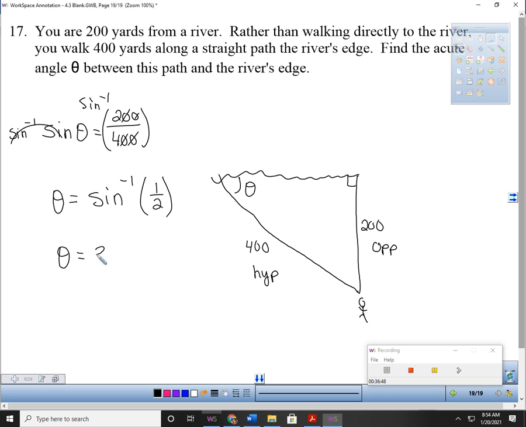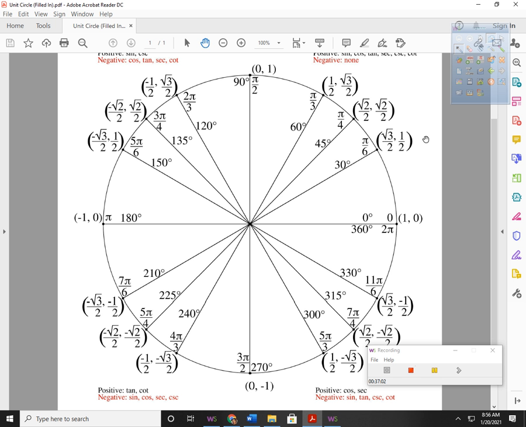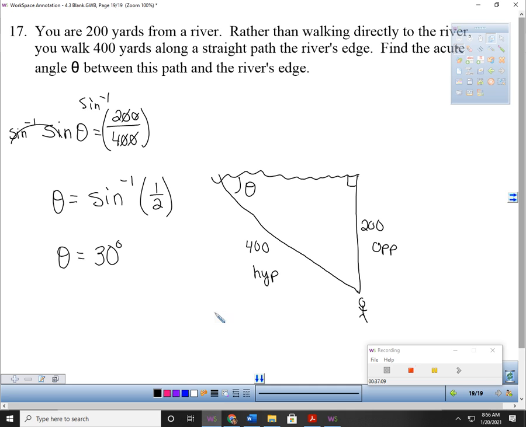And that gives you 30 degrees. And this is going to be helpful information for later. If you think about your unit circle, like I said, this means what angle has a sine of 1/2? 1/2 is the y value. What's that angle? 30 degrees. But if you just plug that in your calculator, you get what the angle is.